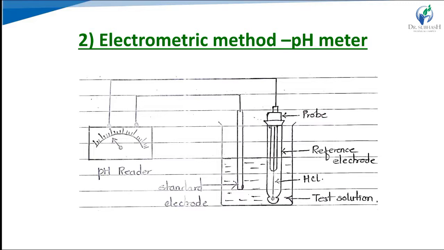So we have to maintain a specific temperature so that no error occurs in the pH reading. To compensate for the change in temperature of the measuring solution, a temperature compensation resistance, a thermocompensator, is included in the circuit and immersed in the solution.